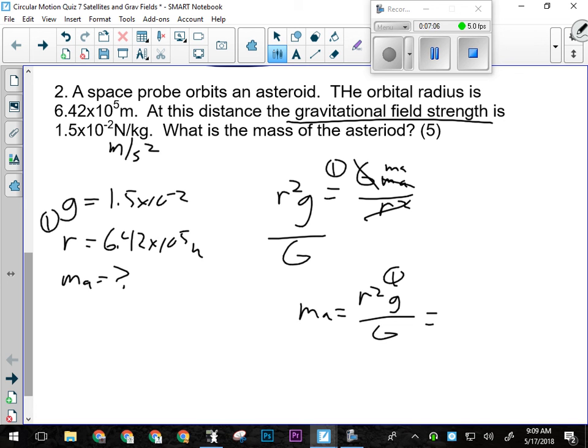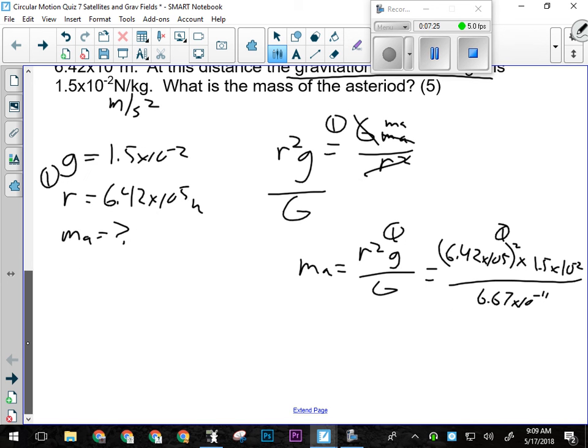Plugging in our numbers, that's going to be 6.42 times 10 to the 5 squared times 1.5 times 10 to the minus 2, divided by 6.67 times 10 to the minus 11. That's their fourth mark for the numbers plugged in.